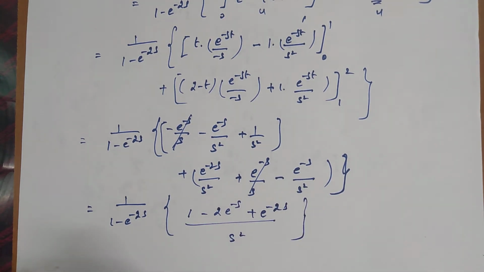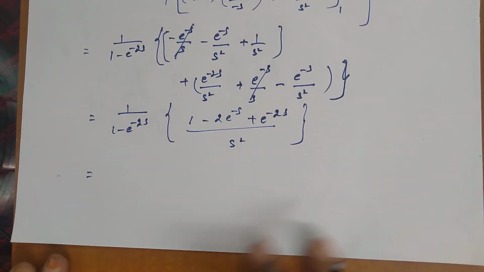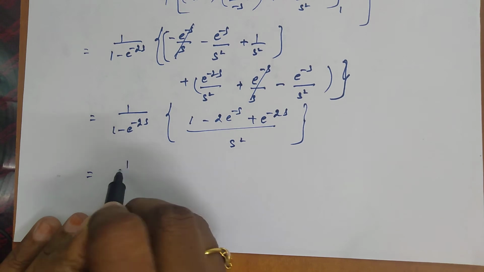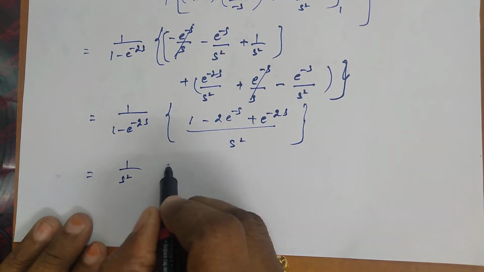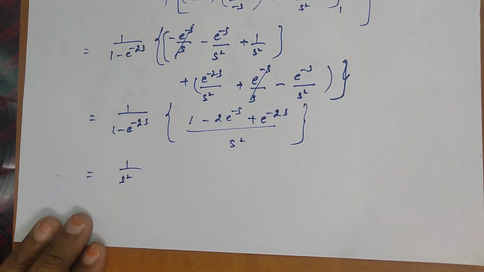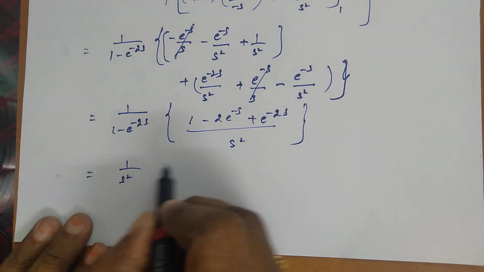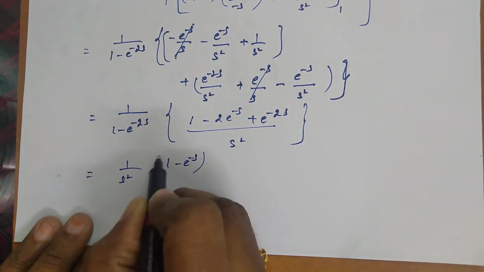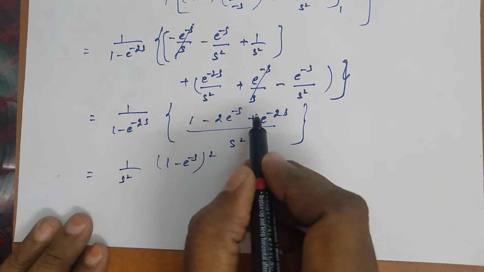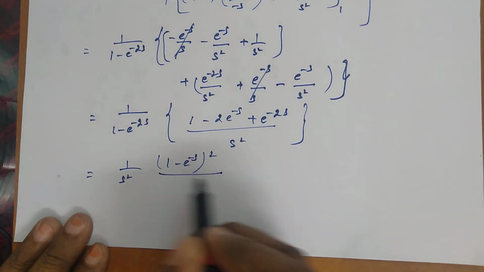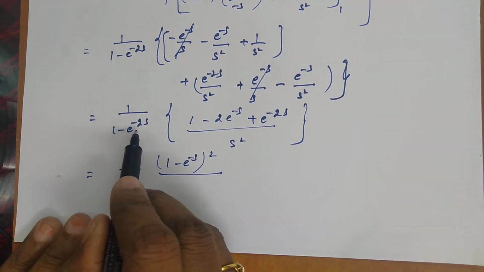Okay, so after this the problem is similar to the previous lecture video, that is we can take the s square outside, and this is nothing but 1 minus e power minus s the whole square, because the numerator is of the form a minus b the whole square, divided by a denominator of the form a square minus b square.